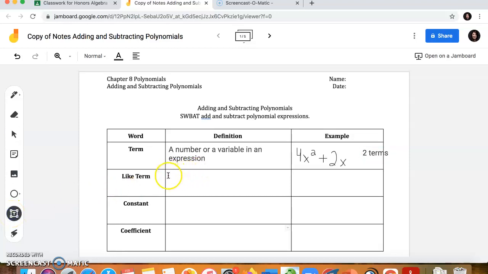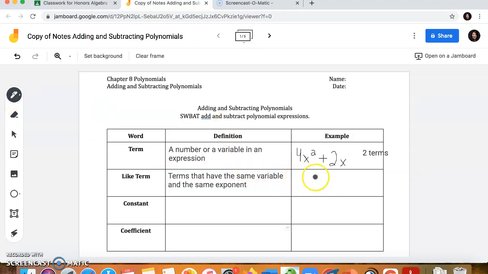We talked about this a lot during September when we were learning how to combine like terms. Like terms are terms that have the same variable and the same exponent, and you can add them.